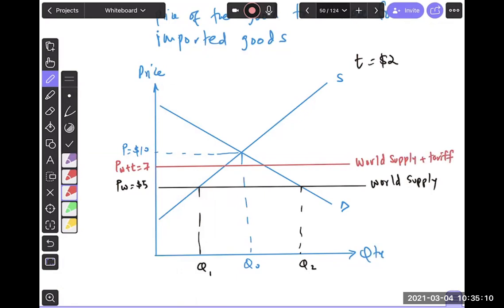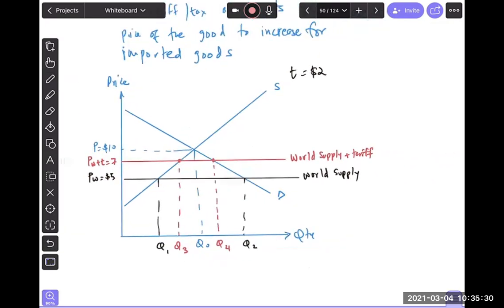Does that make sense? Now, what is happening here as a result of this, guys? When the price becomes $7, the level of domestic demand goes to Q4, and domestic supply goes to Q3.